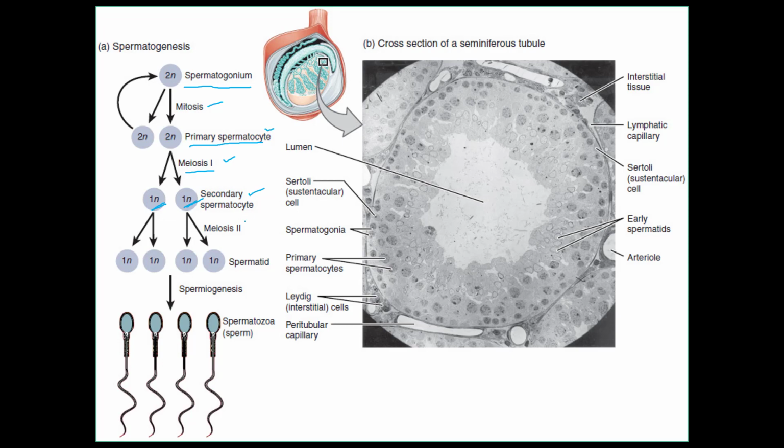These secondary spermatocytes underwent meiosis 2 to give us the spermatids, again haploid. Now by the process of spermiogenesis, the spermatids got transformed into the spermatozoa that got embedded into the Sertoli cells to give the mature sperm.